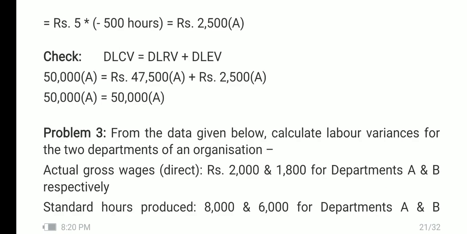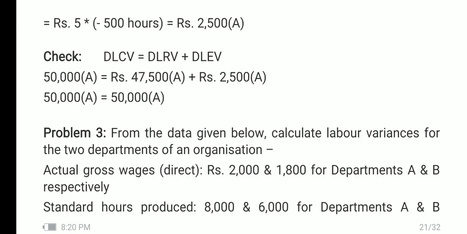So, 50,000 adverse is equal to 50,000 adverse. In this way, the variances have been computed. In this problem, the information relates to two products and the actual rate is different for different hours. Accordingly, variances have been computed.